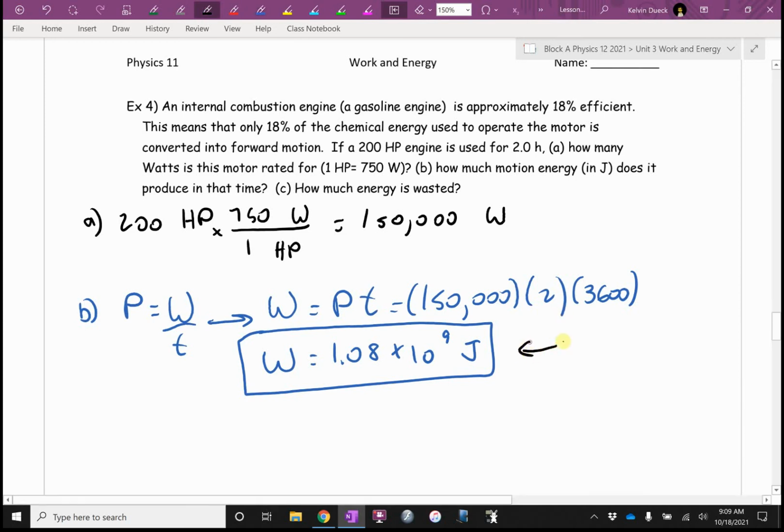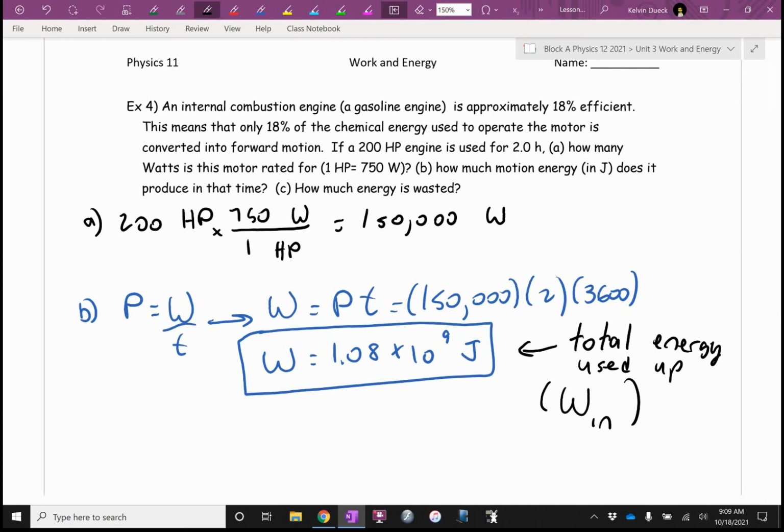This here is the total energy used up. This is the work we put in. It's not what we're going to get out. Most of this is going to be wasted.